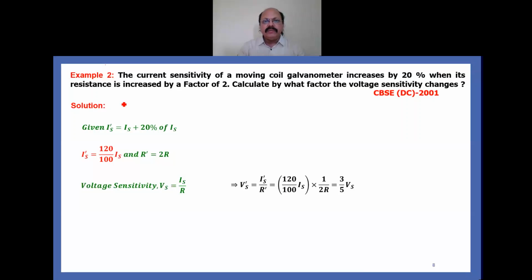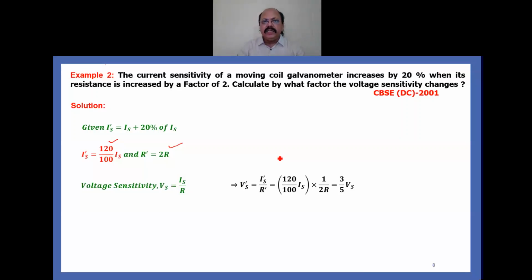Substituting these values, it becomes 120 upon 100 Is into 1 upon 2R, which after calculation is 3 by 5 Vs. So 3 by 5 is the factor by which voltage sensitivity changes.